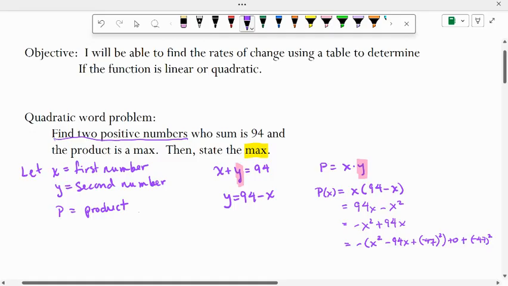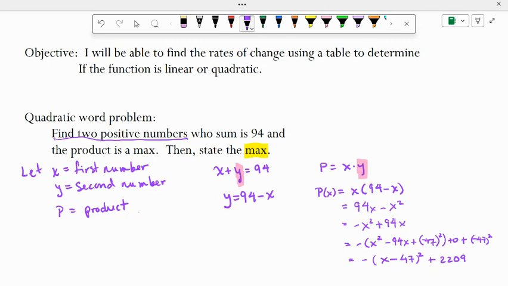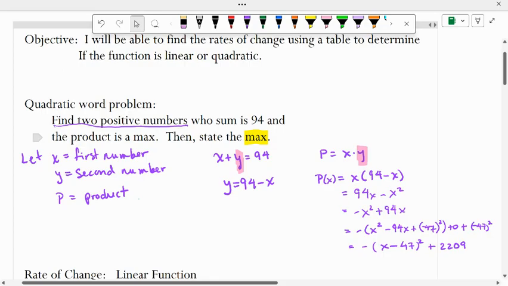I don't have to actually calculate that. And then what I get is negative x minus 47 quantity squared plus whatever 47 squared is, which is 2209. I could have left it as 47 squared, but because I'm also going to look for the max, that's going to be beneficial.